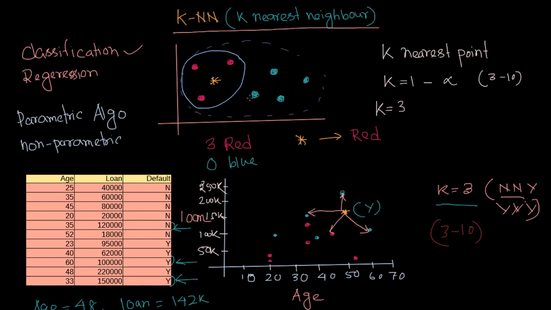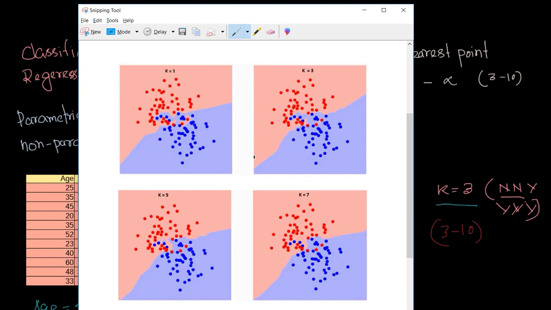Now before we wrap this up, let me show you one interesting diagram over here. Here we have plotted the boundary when k equals 1, 3, 5 and 7 for certain data points.